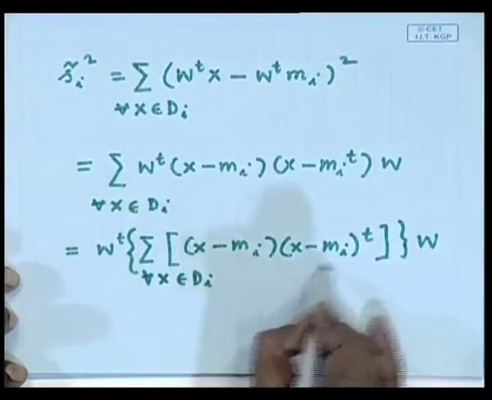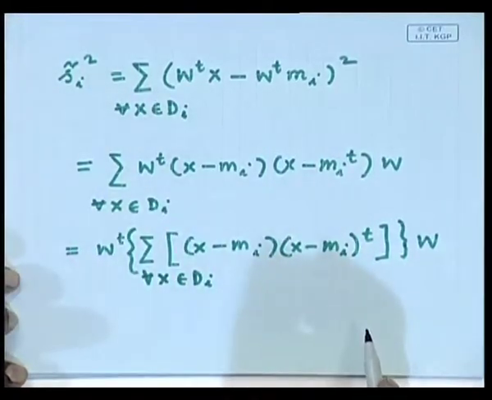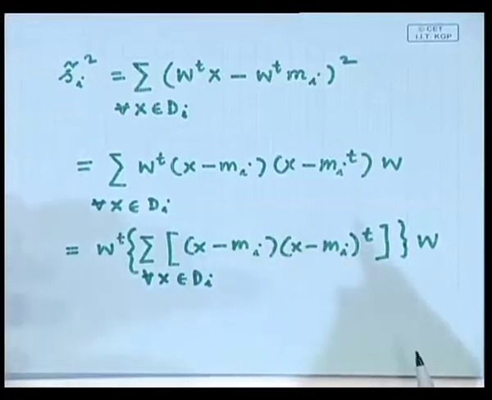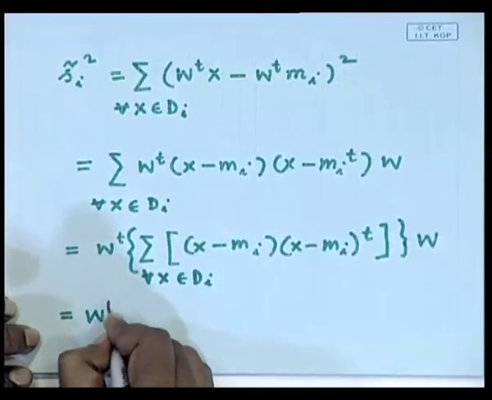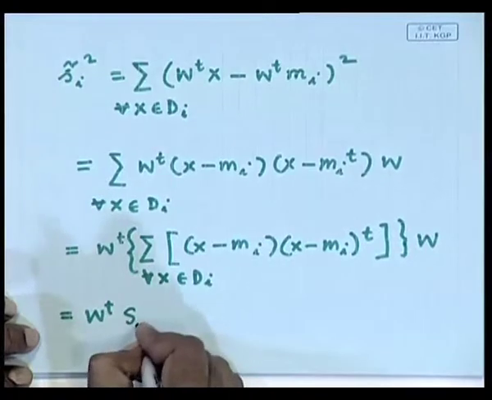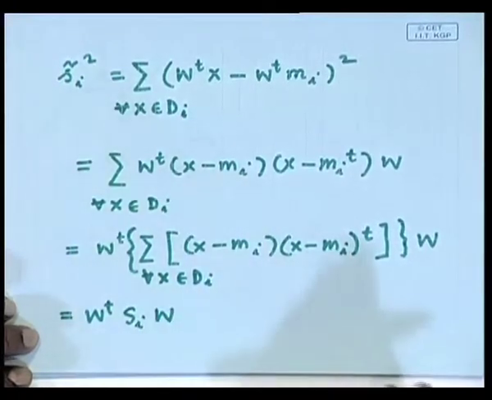Now, what is this term within the summation? This is nothing but S I, that is the scatter of the samples in the original space. So, what I simply have is W transpose S I W.